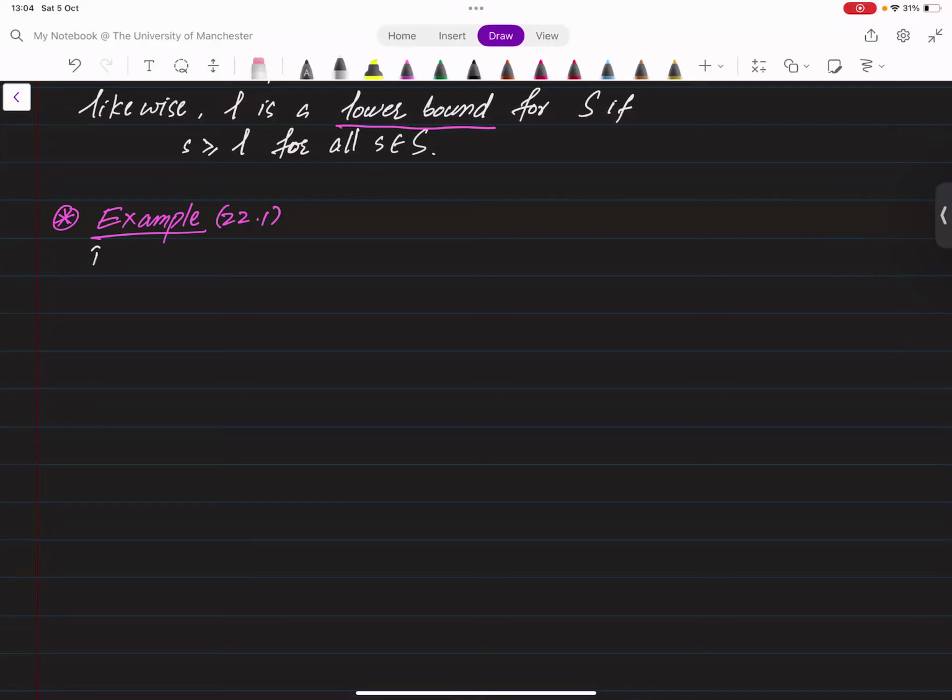The first one is, let S be a set which has 1 over n such that n is from the positive integers, which is nothing but a set which contains one half, one third, one fourth, and so on.